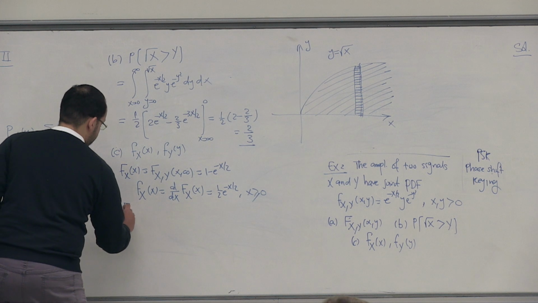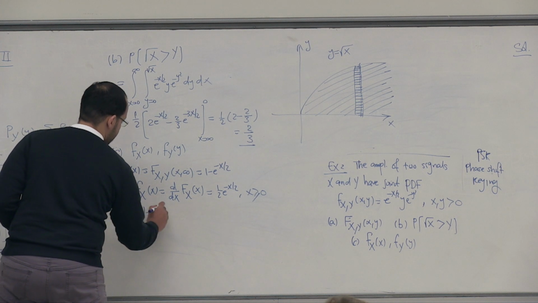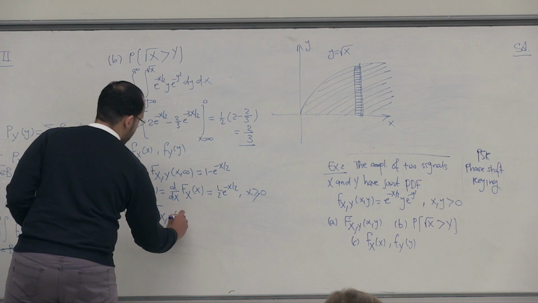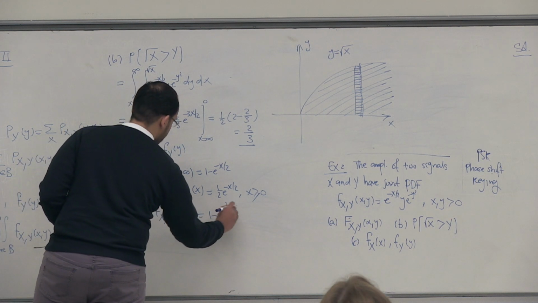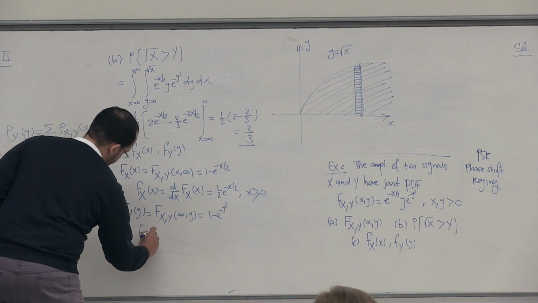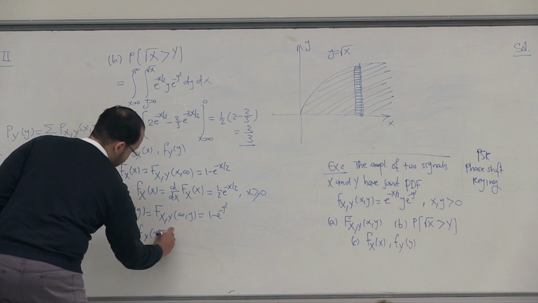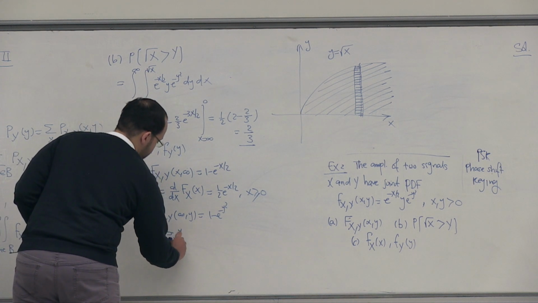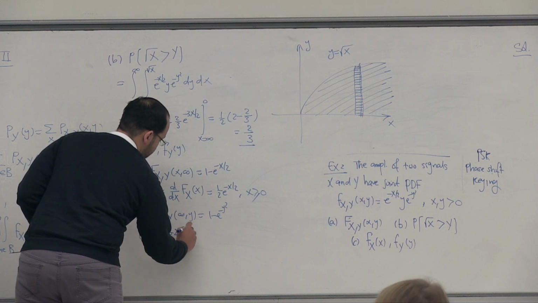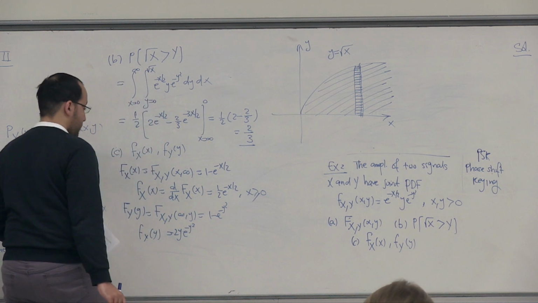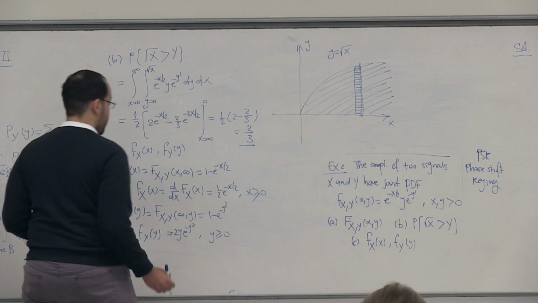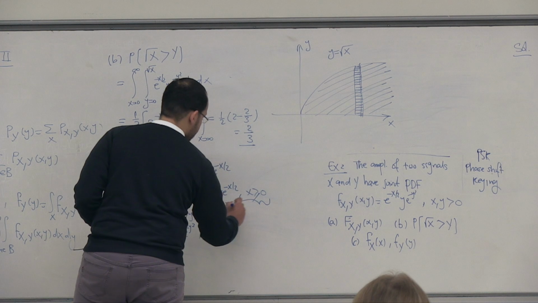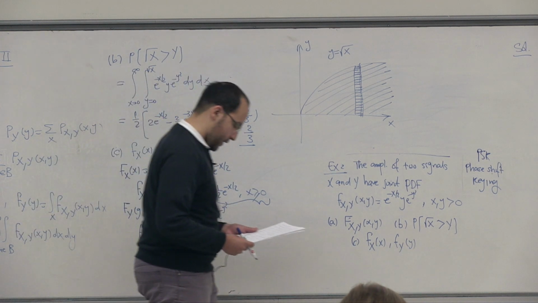And then you have fy of y in a similar manner, Fxy of infinity and y, 1 minus e to the minus y squared. fy of y is 2y e to the minus y squared, y greater than or equal to 0. What is this here?